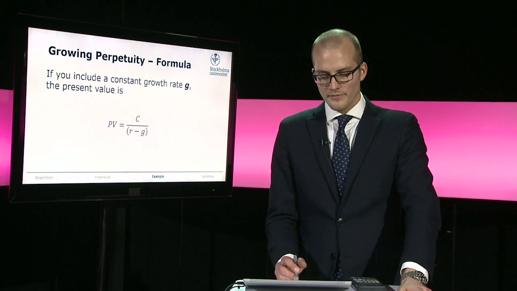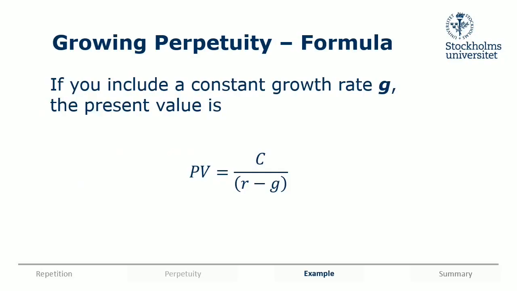So if you include a constant growth between every two cash flows, you get this formula, where the present value of this cash flow stream is the first cash flow divided by the interest rate minus the growth.